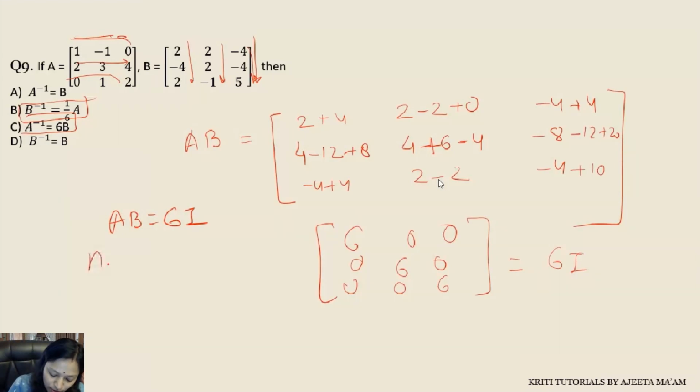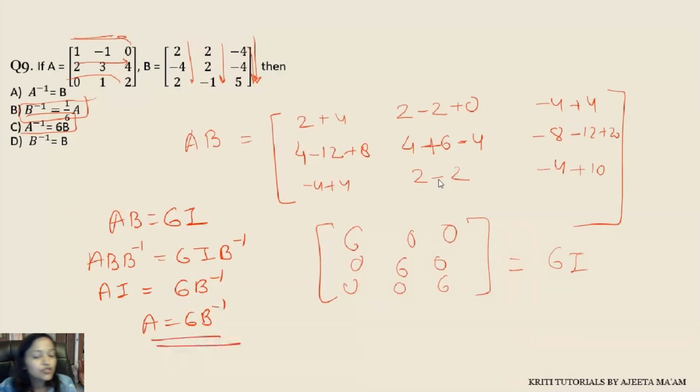Now let's do the working for this. If I post multiply this with B inverse, so AI is 6B inverse. So A is 6B inverse. This is how it goes. Correct? So which option will it go? B inverse is 1 upon 6A.